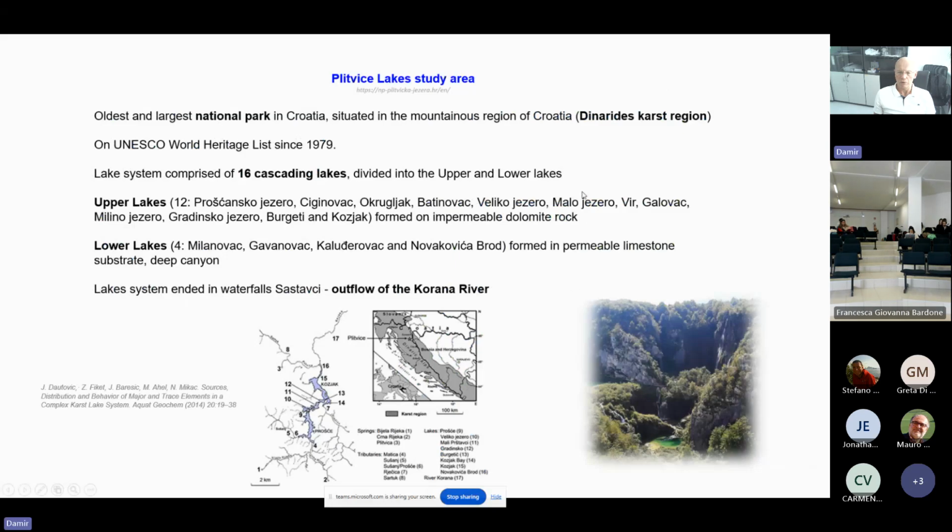We made our investigations on the area known as the Plitvice Lakes. Plitvice Lakes is a location in Croatia. It is the oldest and the largest national park in Croatia, which is situated in a mountain region. This is a karst region. It has been on the UNESCO World Heritage List since 1979, and the system actually comprises 16 cascading lakes.